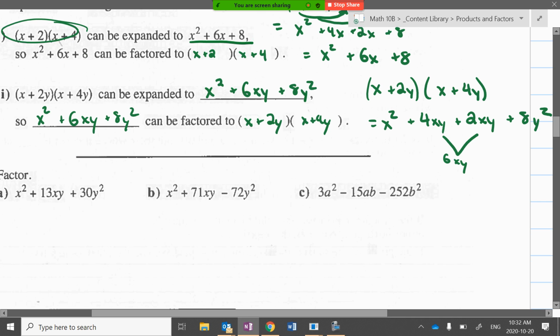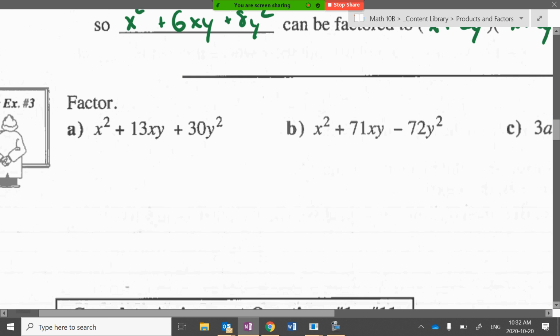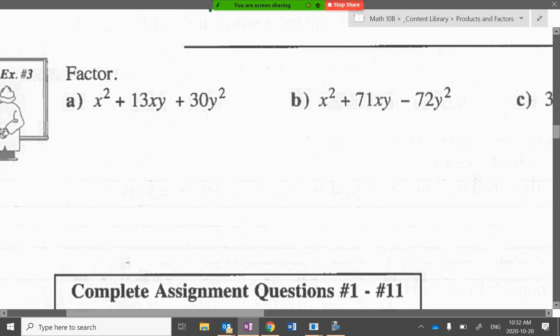Okay, so let's try some of these examples. So this first question, do I have any GCFs? No, great. What I would start off doing on these questions, we're still finding two numbers that multiply to 30 and add to 13.